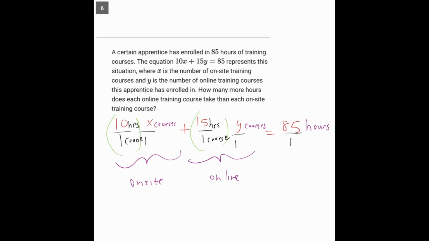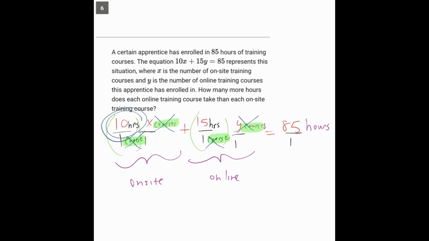And the reason why that has to be the case is because if we have courses right here, and we're going to have courses right here, so we'll have that same combination here and here, because from a unit conversion standpoint, when you have one on the top and one on the bottom, they cancel away. And this works because now we have 10 hours, 15 hours, and that's going to give us 85 hours.